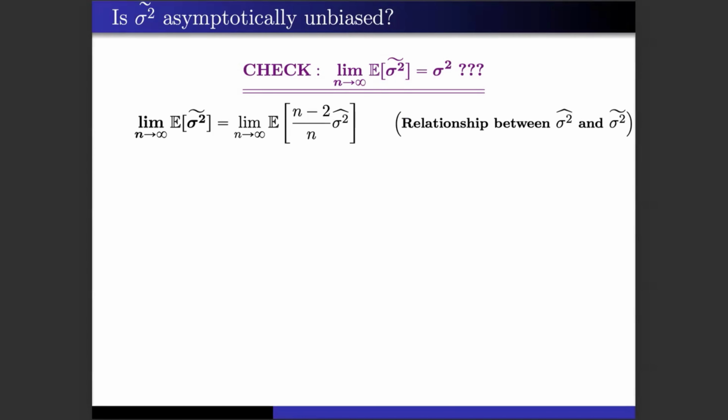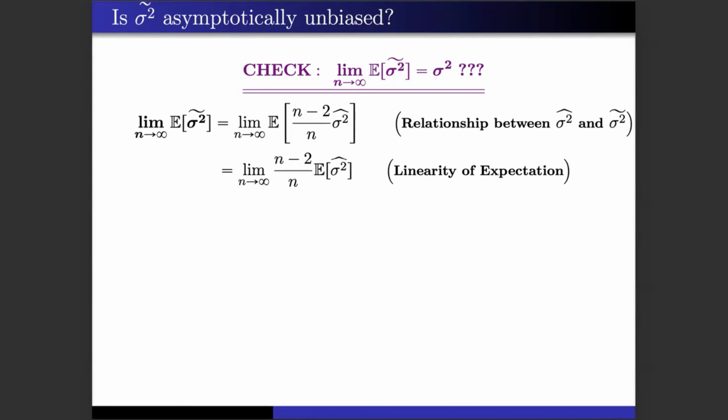We use the relationship between sigma square hat and sigma square tilde over here. And using this relationship, sigma square tilde can be written as n minus 2 divided by n times sigma square hat. Since expectation is linear, we can pull n minus 2 divided by n out of the expectation.